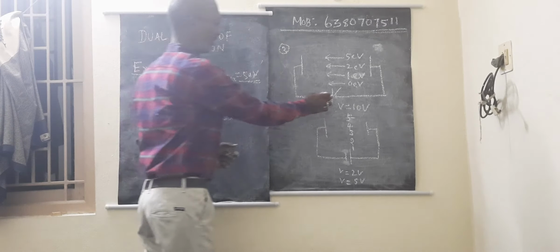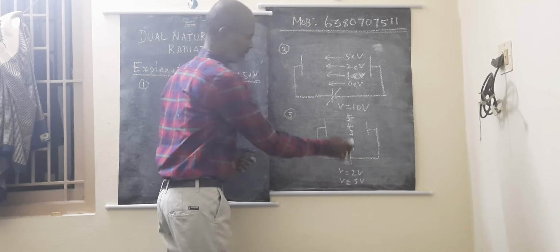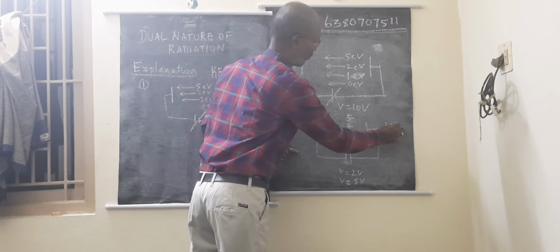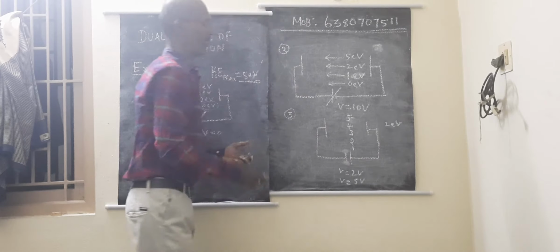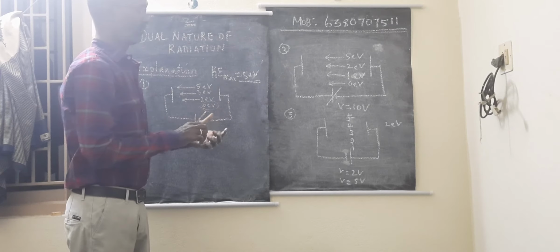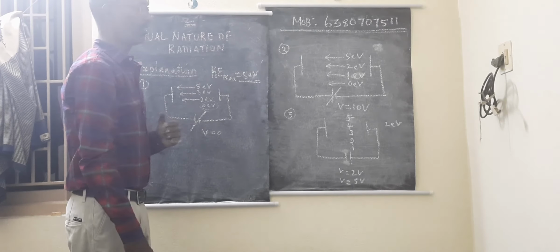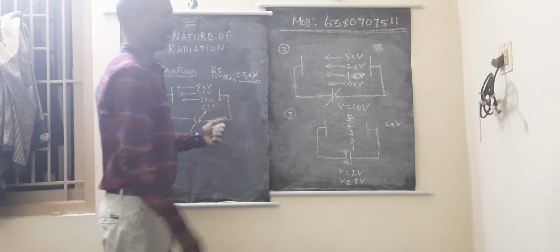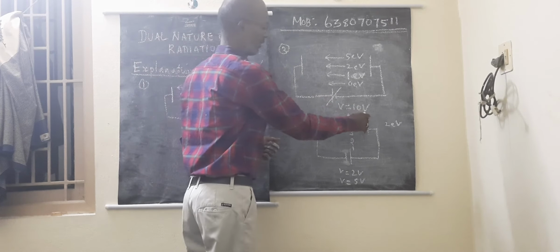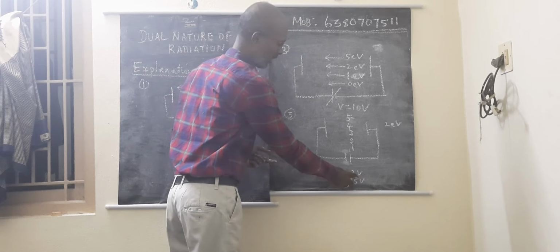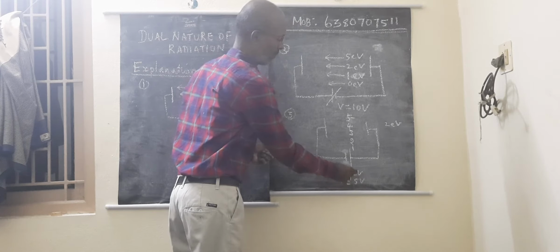Suppose here we have changed the polarity. Suppose the electron attains 2 electron volt, which is the maximum kinetic energy of the electron attained when light is incident here. So if we supply 2 electron volt, what will happen?